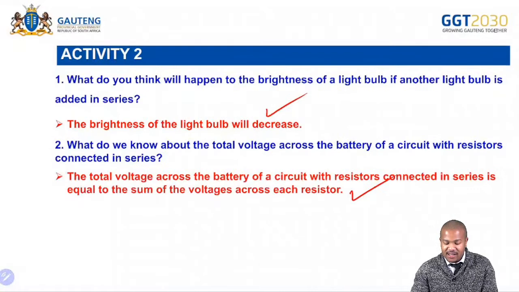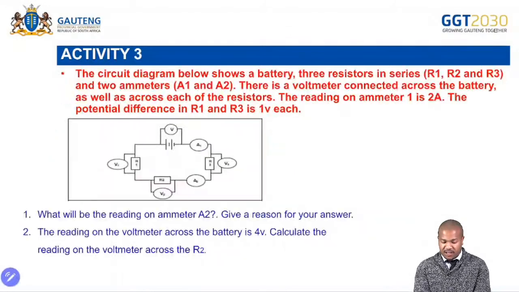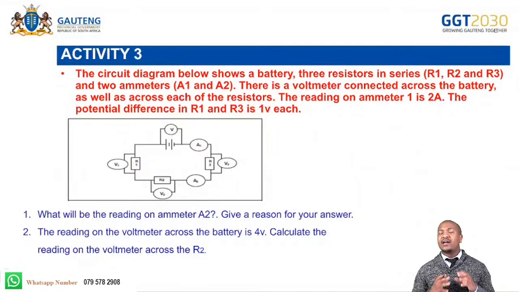Welcome back, grade 9s. Now let's move on to activity 3. This one I'm going to read through for you thoroughly so that you understand what needs to be done. It says the circuit diagram below shows a battery, 3 resistors in series, which are resistor 1, 2, and 3, and 2 ammeters, which are ammeter 1 and 2.